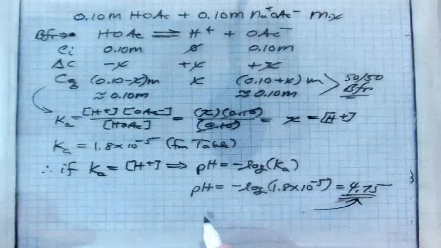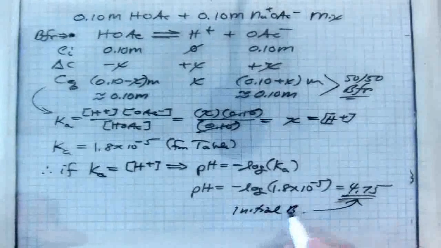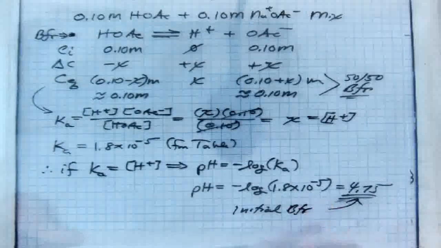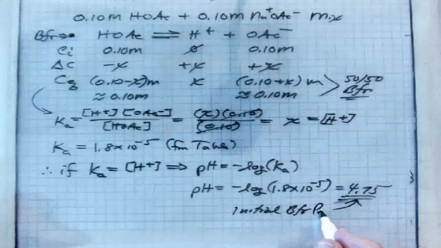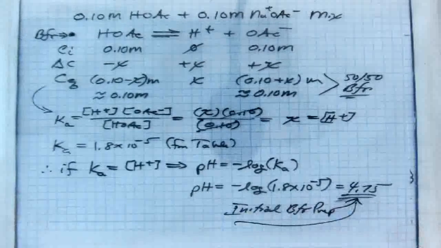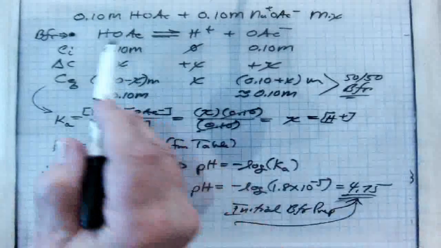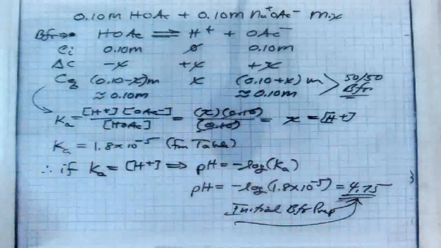Now we're going to use this 50-50 buffer, and we're going to say the acetic acid and the OAc- are in the system at 0.1, just like we calculated originally. In the effect of change, you still use the same ICE table and the same ionization.